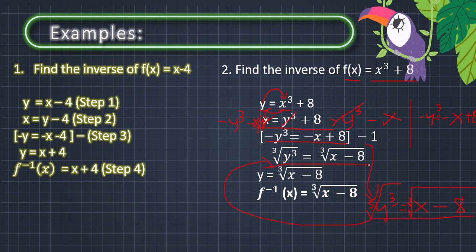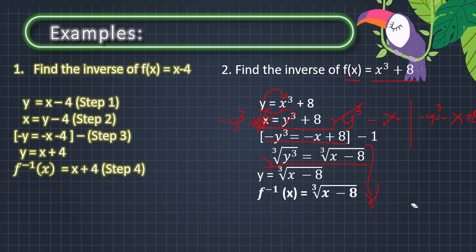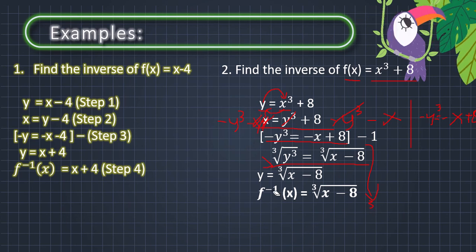Okay, so let me erase this part because you can see it there below, how we express it into cube root. And once you're done expressing it into cube root, we cancel out here the cube root and the exponent 3. Therefore, the remaining value of our equation will be y is equal to the cube root of x minus 8.